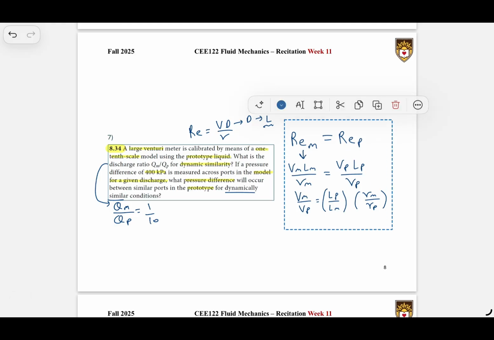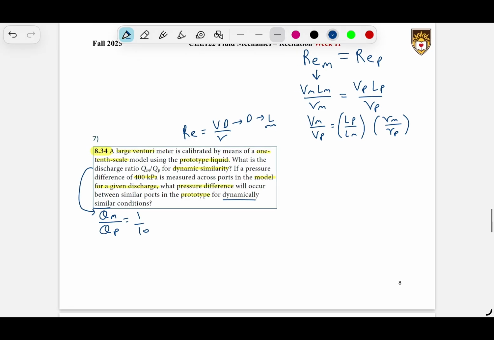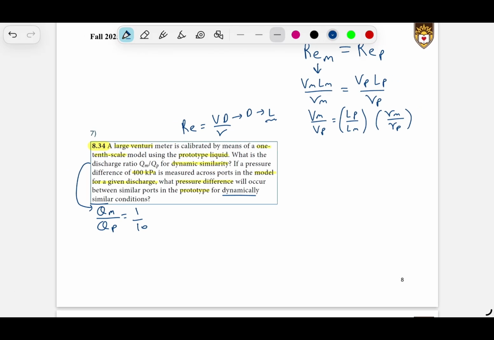Actually, let me move everything up so that we will have more space. So to get Q in this equation, we need to multiply this V by area. So let me write area of model and area of prototype.